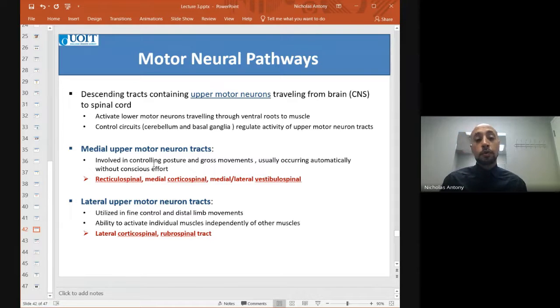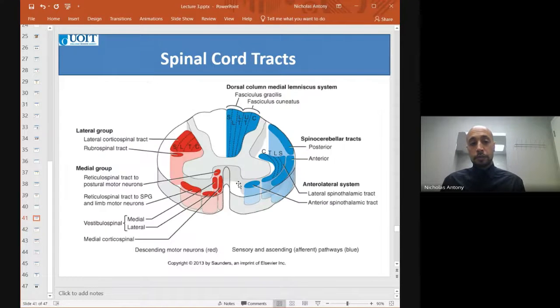The upper motor neuron tracts were divided up into the tracts that we saw on the previous slide. The medial upper motor neuron tracts were responsible for posture and control. We learned them in the course, though they're not very specific to this course: the reticulospinal tract, the medial corticospinal tract, and the medial and lateral vestibulospinal tract. So the medial upper motor neuron tracts were for core and posture.